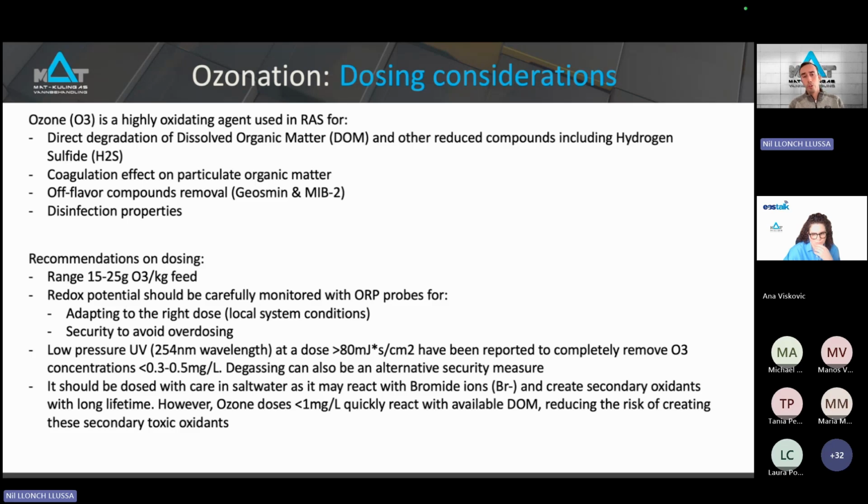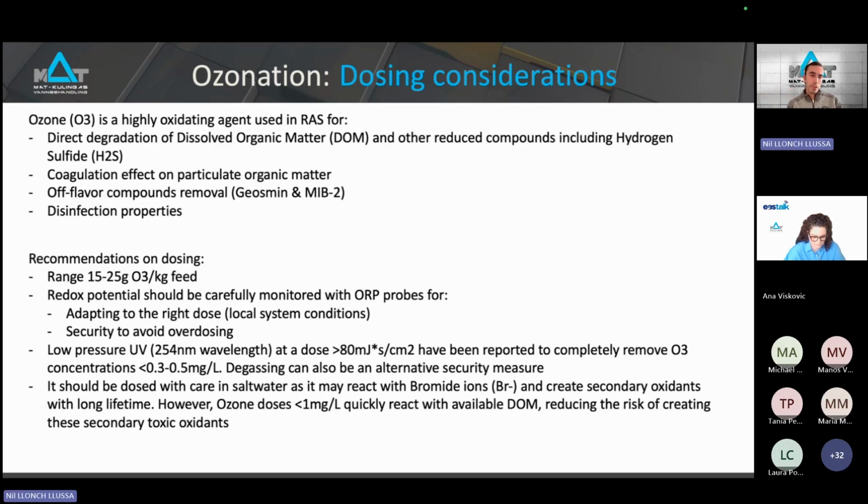So you're sure you're controlling how much you're dosing and dosing the right amount, because every system has local conditions that you should adapt to. It's also a security measure to avoid overdosing. So if you're dosing too much ozone, then you have an ORP probe that tells you, hey, you're dosing too much, and then you can have an automation to stop your ozone generator.